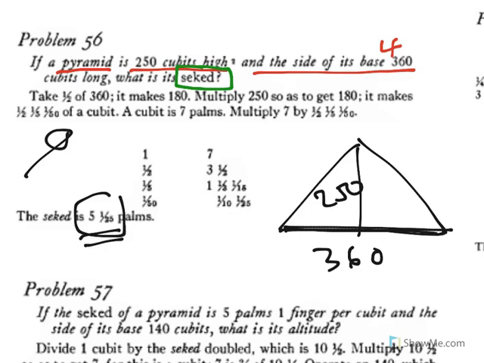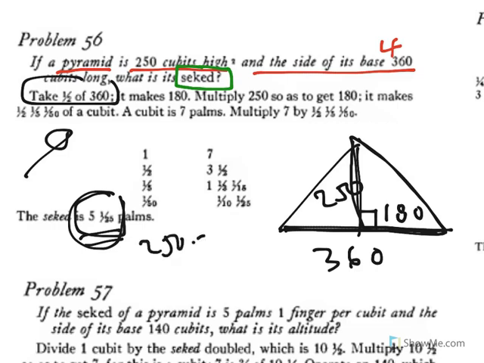To get this answer, they say first take half of 360, which is 180. Notice how that 180 is the length if I were to make a right triangle here. And then it says multiply 250 as to get 180. So they're saying 250 times what equals 180. In other words, 180 divided by 250.